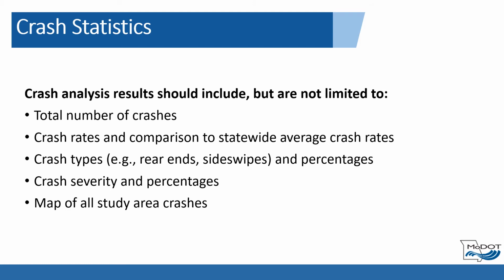Note that systemic safety treatment or risk factors are always something to be aware of. While a crash may not have occurred yet, it could be beneficial to identify potential risk factors that could contribute to a crash. For more information, refer to EPG Article 907.1.1 and Missouri's Strategic Highway Safety Plan.